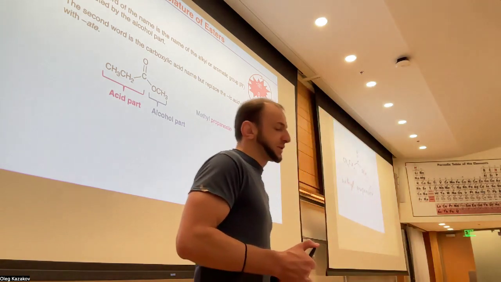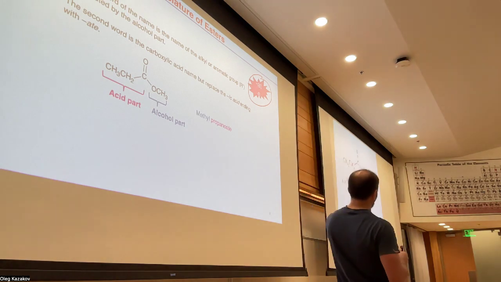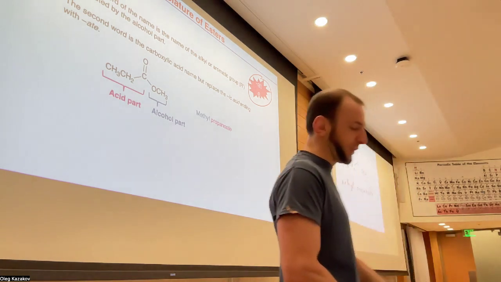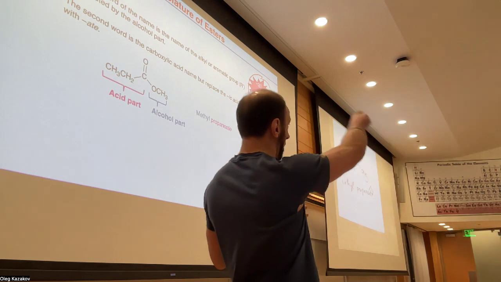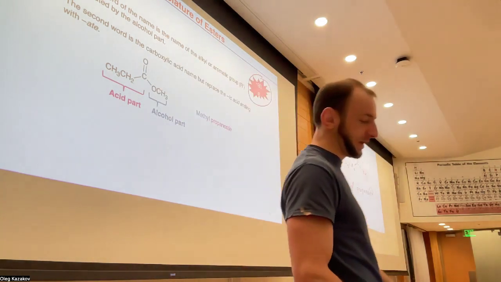So that's it. If you think backwards, the person who is aware of this ester nomenclature will say, okay, we need to have the methyl instead of the hydrogen on the OH piece of the propanoic acid. That's how it's built.